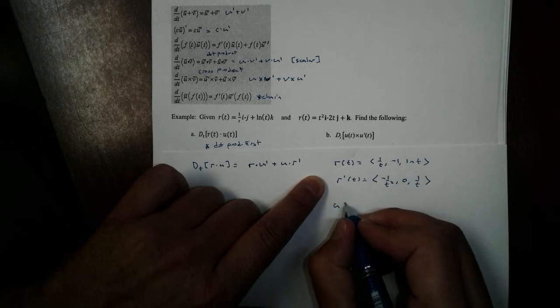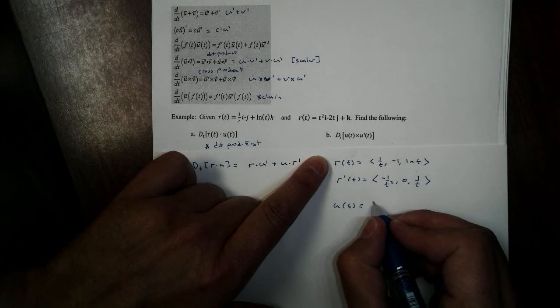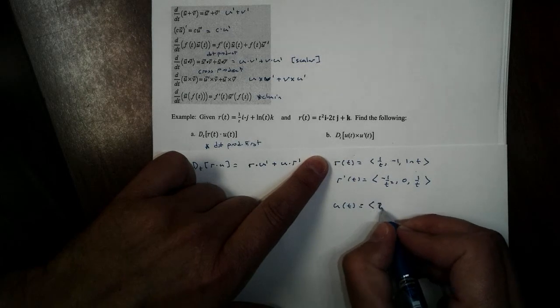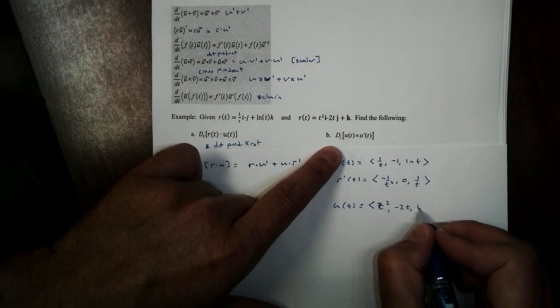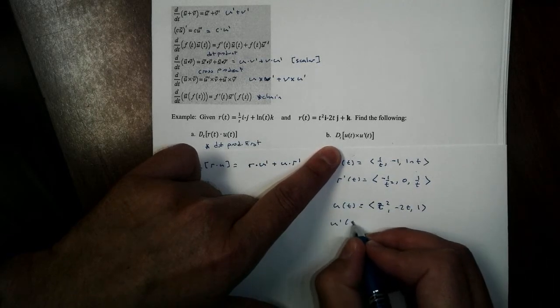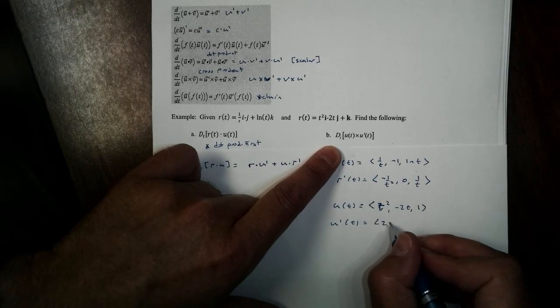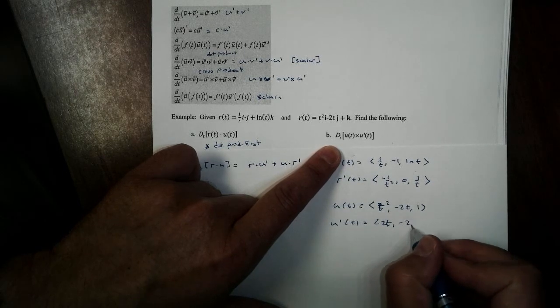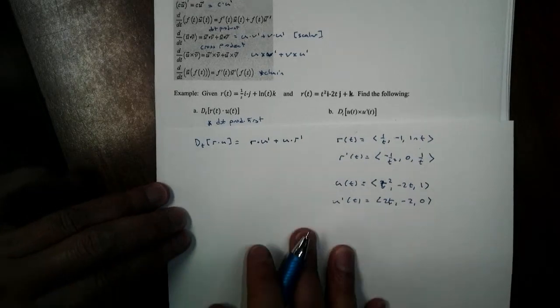We need u of t, that's going to be t squared, negative 2t, 1. The derivative, u prime of t, would be 2t, negative 2, 0. Okay, this gets long.